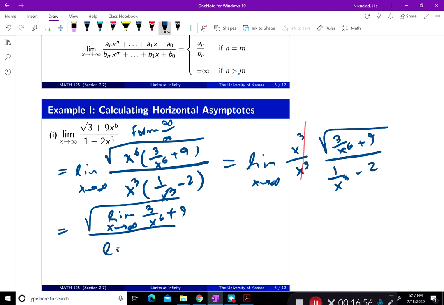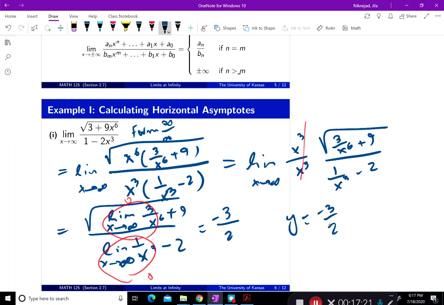And then in here, the limit of 1 over x cubed as x goes to positive infinity, minus 2. And then basically these two are going to be 0. So we end up with the square root of 9, which is 3, divided by negative 2, which is negative 3/2. y equals negative 3/2 is one of the horizontal asymptotes.